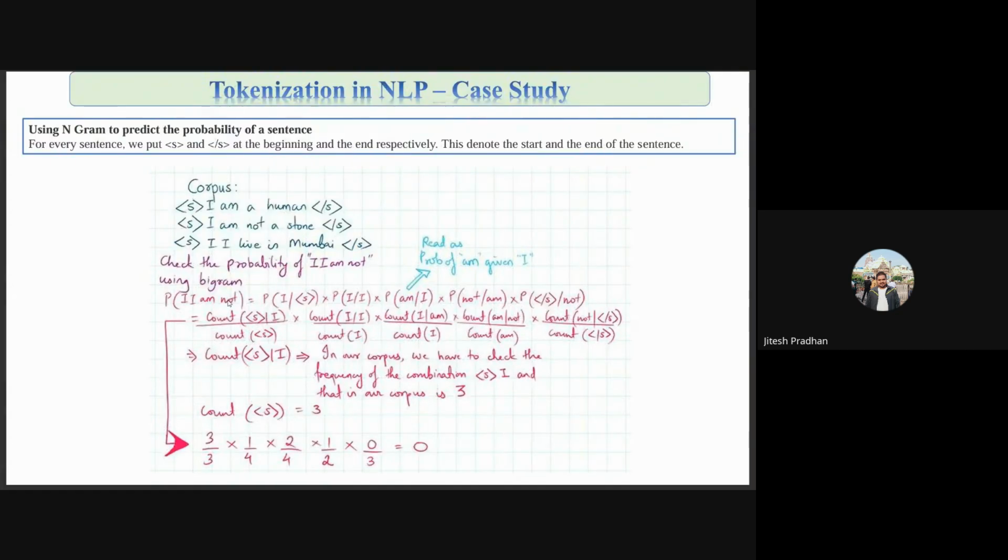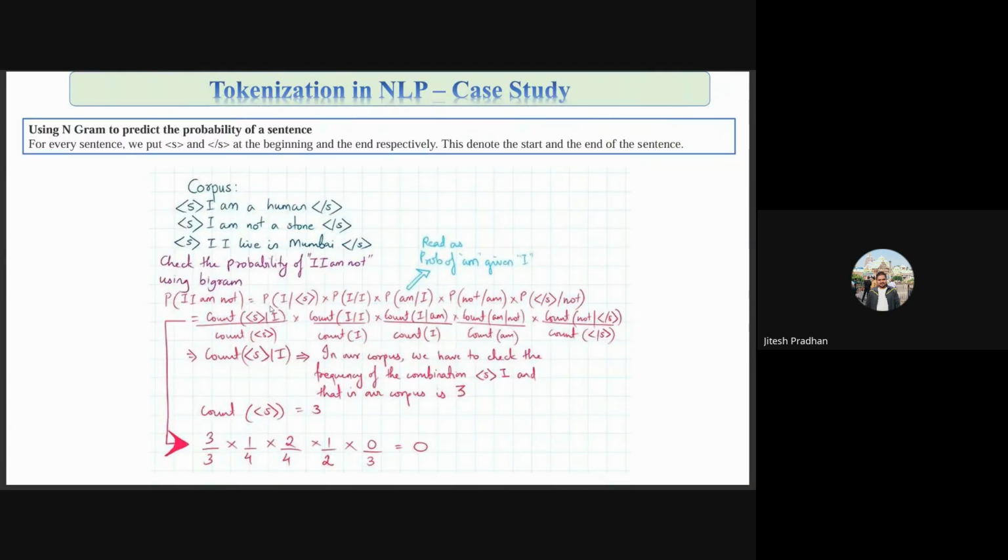Then we find the probability of not when am is known, and at last the probability of the ending symbol when not is known. So if we have to find the probability of "I am not", we have to use the probabilities of 1, 2, 3, 4, 5 bigrams.